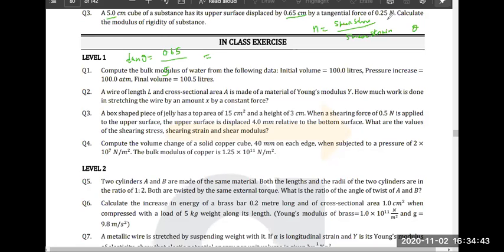And force is 0.25 by area, which is 25 centimeters square. So in meter, you have to multiply by 10 to the minus 4. Got it? I hope all of you can solve it. Just take the ratio. Third one easy. Now, level 1, question number 1 to 4. Think about it, guys.